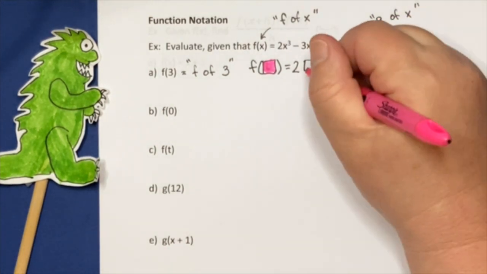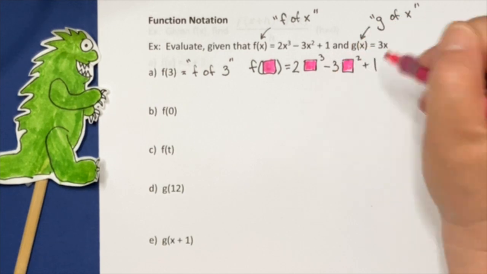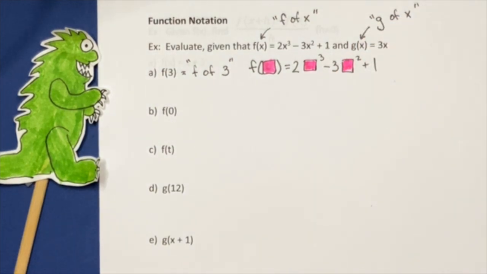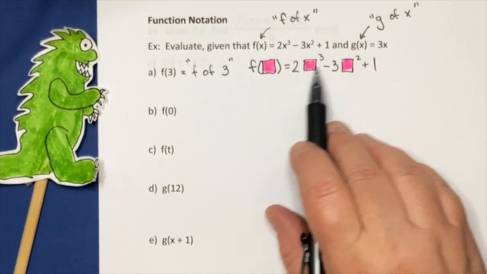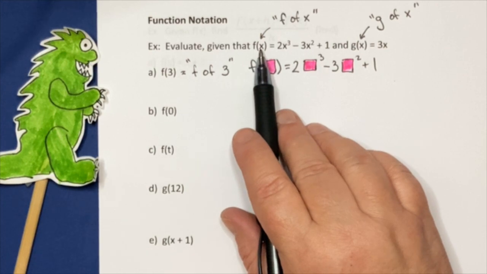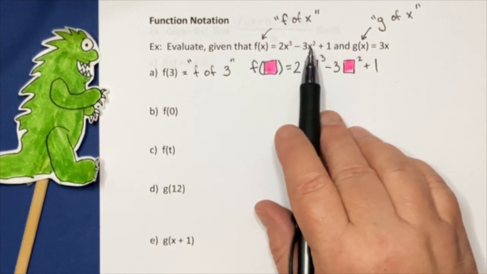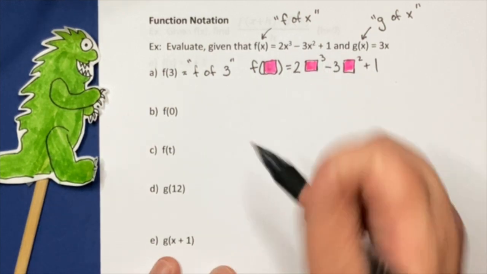So f of 3 is going to be 2 times 3 cubed minus 3 times 3 squared plus 1. Do you see that everywhere there's a box, we put in a 3? So box here, 3. Box here, 3. This one, no box, so the 1 just hangs out.